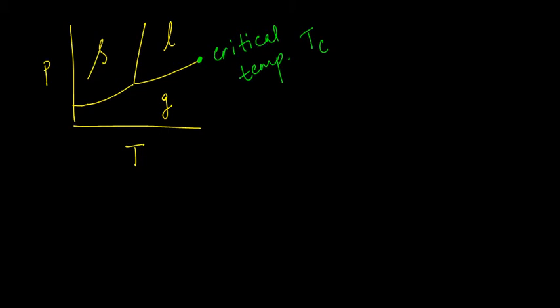I think 31 degrees Celsius is the critical temperature for that, and about 73 atmospheres is the critical pressure. If you are at that high temperature, you also need a certain amount of pressure before the gas can be liquefied. So that is the critical pressure.